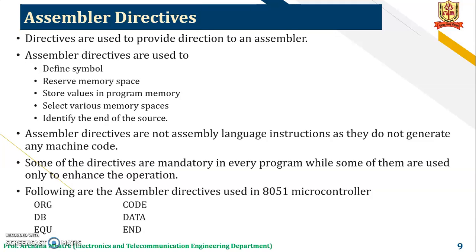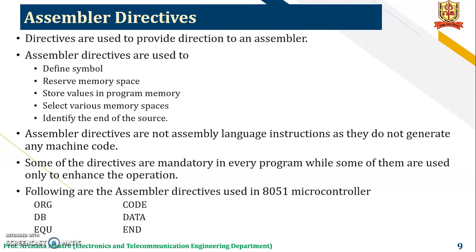Assembler directives are used to define symbols, reserve memory space, store values in program memory, select various memory spaces, and identify the end of the source. Assembler directives are not assembly language instructions as they do not generate machine code. Some of the directives are mandatory in every program, while some are used only to enhance the operation.